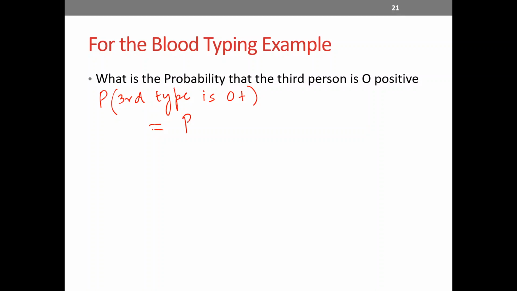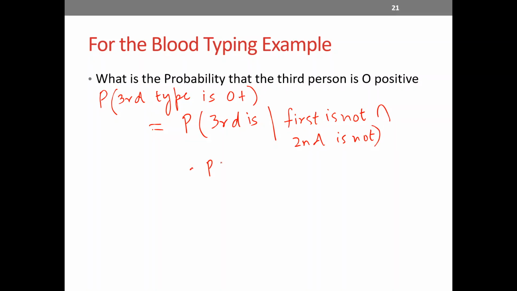So I'm writing third is, given that first is not and second is not, right? Because only one person in the entire group actually has it, right?